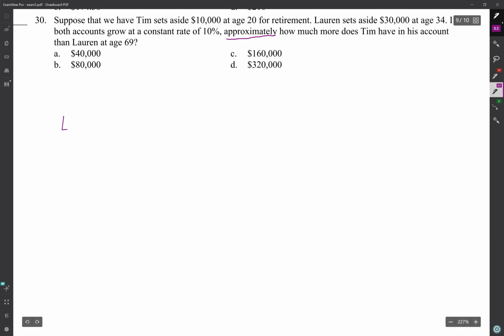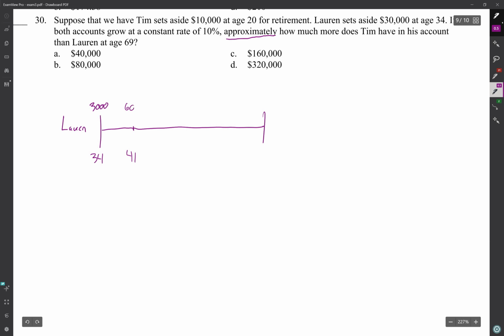So let's look at Lauren. Let's draw a line graph here. Right now she's got $30,000, and let's put her actual age on here. So she's 34. In 7 years, she'll be 41.